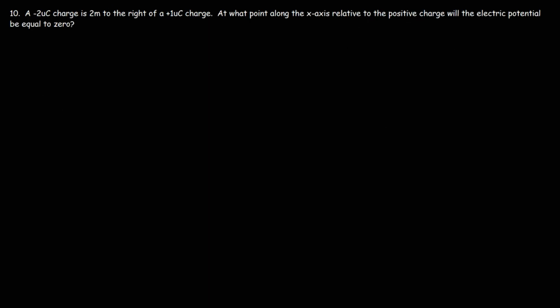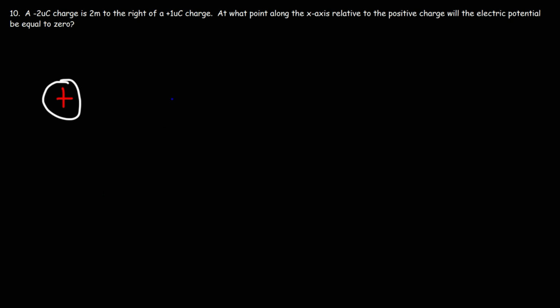Number 10. A negative 2 microcoulomb charge is 2 meters to the right of a positive 1 microcoulomb charge. At what point along the x-axis relative to the positive charge will the electric potential be equal to 0? So let's begin with a picture. So first, we have a positive charge, which is here.